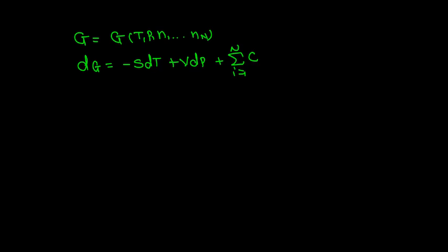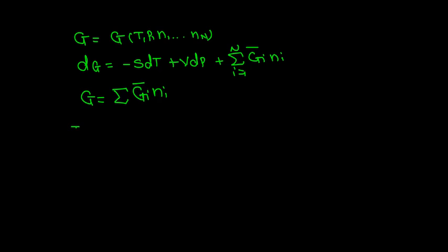Now I can write it as Gi bar times Ni. Okay, and when I expanded this expression, G equals summation Gi bar times Ni. We used to use mu I, but now we know that mu I is nothing but Gi bar.